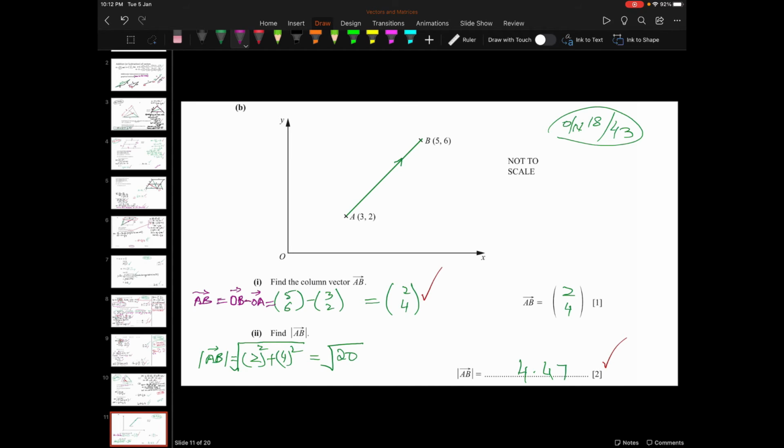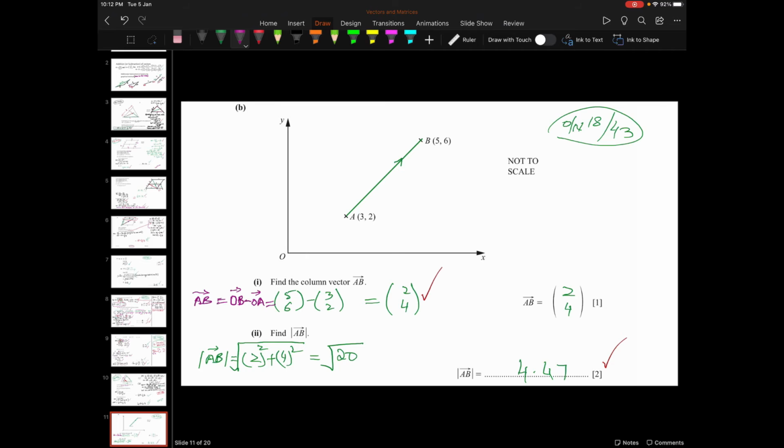Now in this question, find the column vector AB. Vector AB means OB minus OA. Substitute the values of OB vector and OA vectors. OB vector is 5 and 6 and OA vector is 3 and 2. So subtract OA vector from OB vector. So 5 minus 3 is equal to 2 and 6 minus 2 is equal to 4.